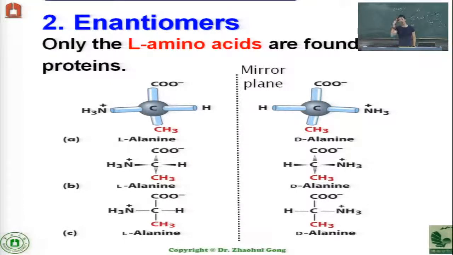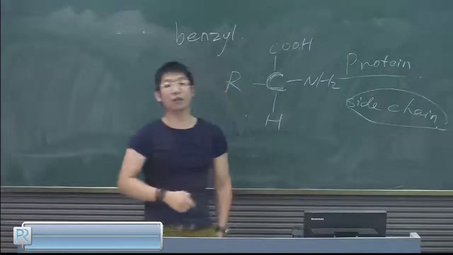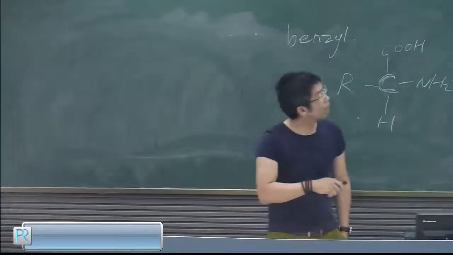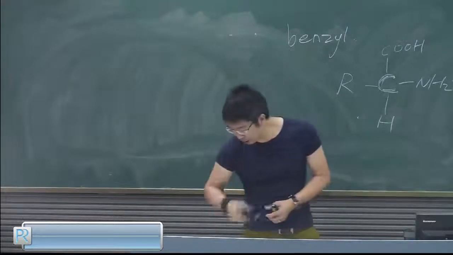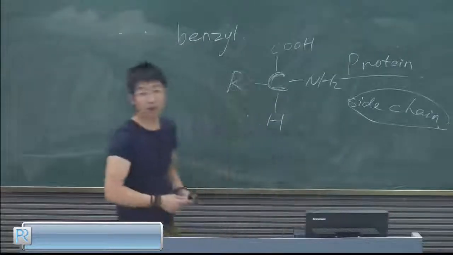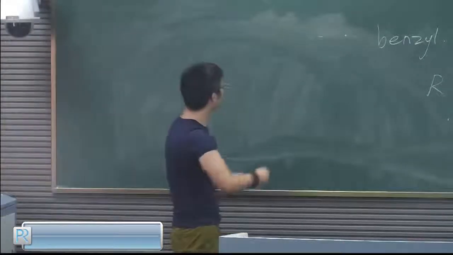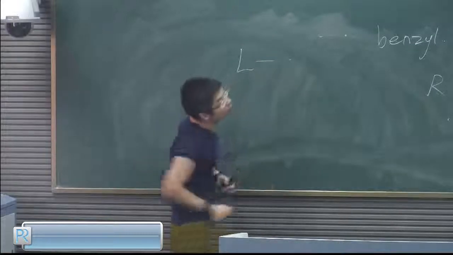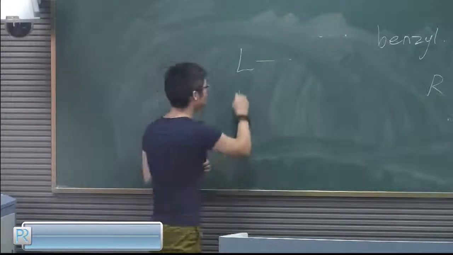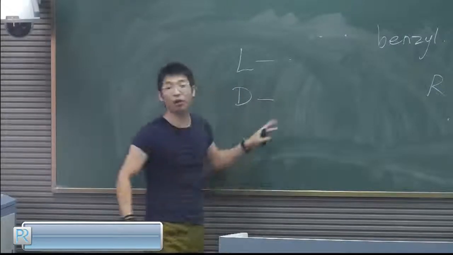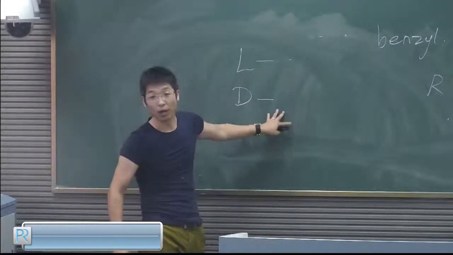In humans and animals, we only have the L-type amino acid. If that is the L type, you can imagine another type is D. Most of these come from Greek words.